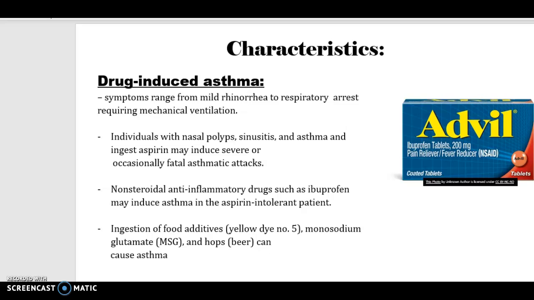Also, food additives such as yellow dye number 5, MSG, and hops, which is found in beer, can cause asthma. Bronchoconstriction may constitute part of an anaphylactic reaction to a drug, such as penicillin. Other drugs, such as opiates, may cause direct degranulation of mast cells.